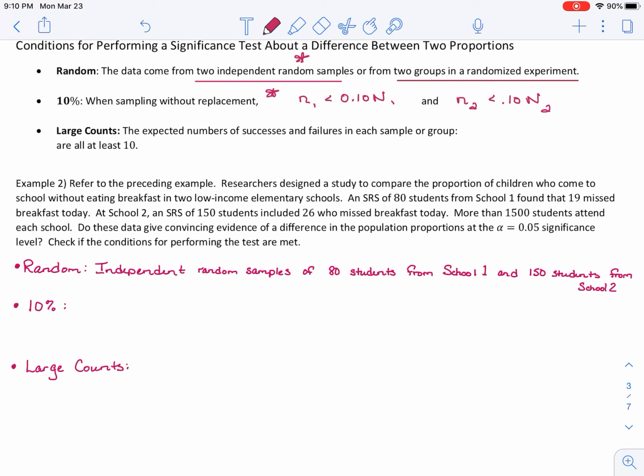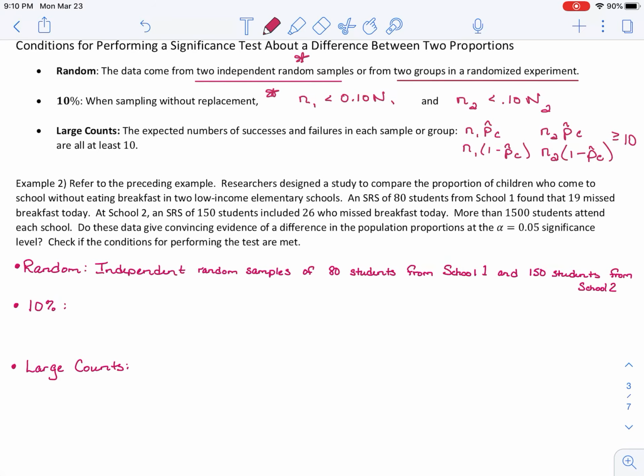And the expected number of successes and failures of each group are all at least 10. That's what we just wrote out: n sub 1 p hat sub c, n sub 1 complement of p hat sub c. I don't know why I felt the need to make us write this out twice. But they're all going to be at least 10.